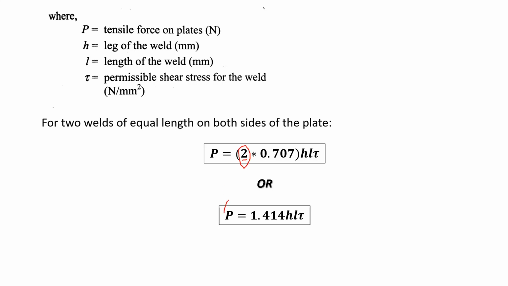So this will give you the strength of the plate P equals 1.414 times H times L times tau, where P is the tensile force on the plates in Newton, H is the leg of the weld in millimeter, L is the length of the weld in millimeters, and tau is the permissible or allowable shear stress for the weld in Newton per mm square. This equation will give you the strength of the weld.